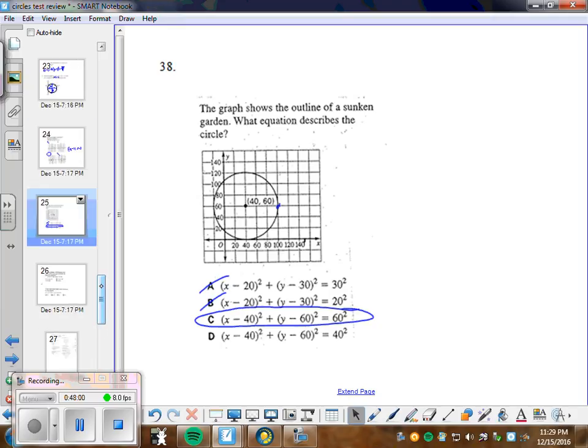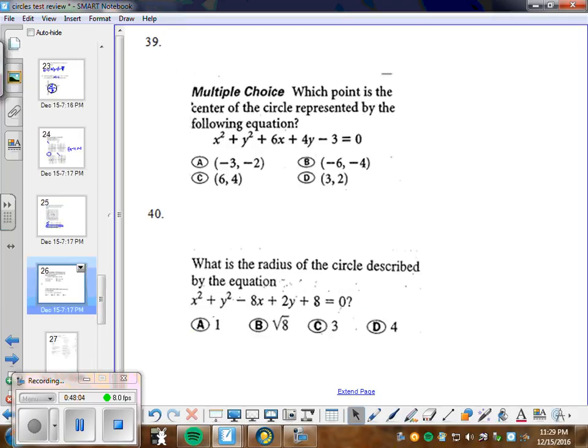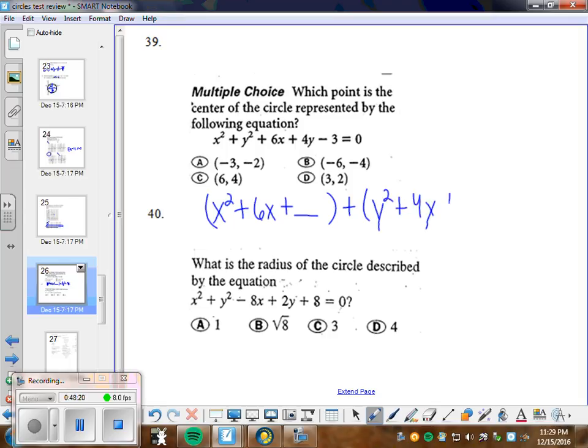Okay, 39. Which point is the center of the circle represented by the following equation? Okay, this is where you're going to have to group and complete the square here. So you half it, square it, subtract it. Half of it's 3, 9. So subtract 9.